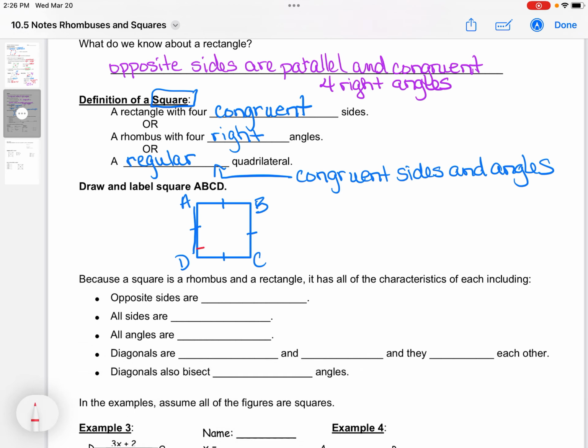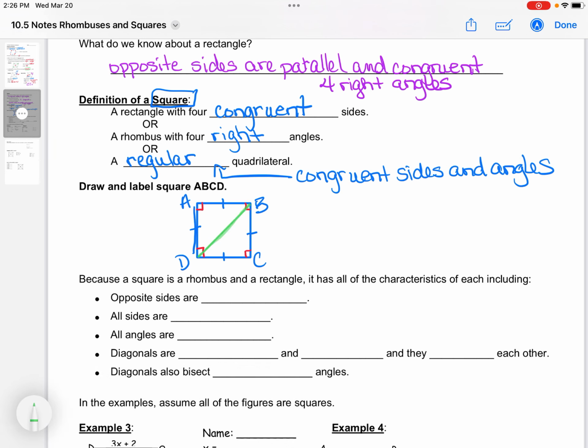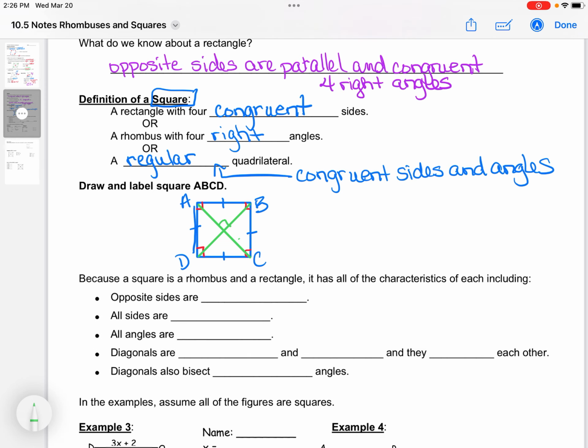All the sides are equal. All the angles are right angles. All the corners are right angles. The diagonals, so here's where we get in kind of like with what the rhombus is too. The diagonals make right angles.